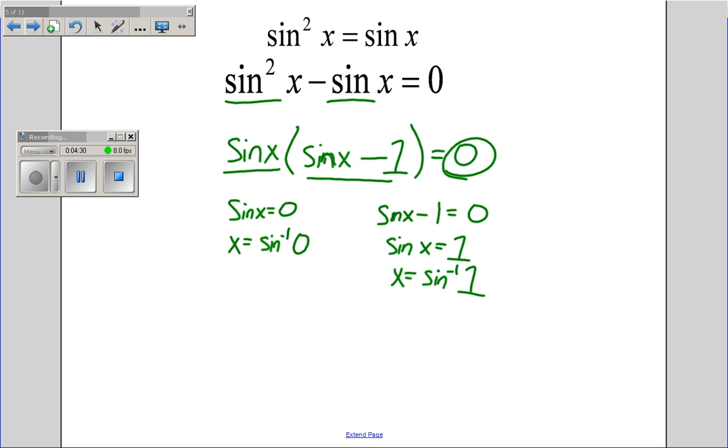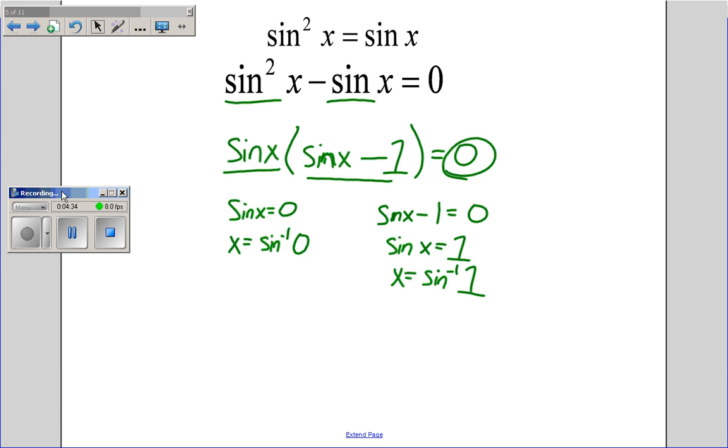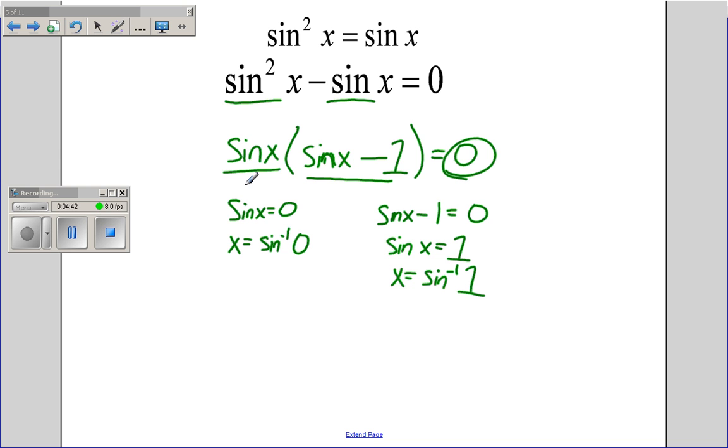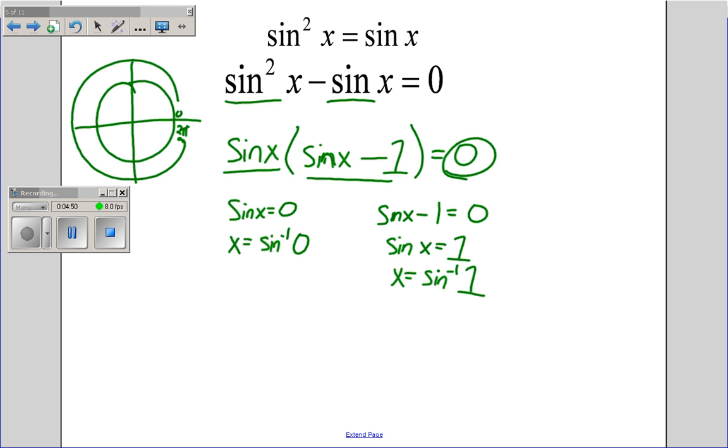Whenever you solve these, you'll end up solving them between 0 and 2 pi, from our unit circle, so from 0 all the way around to 2 pi.